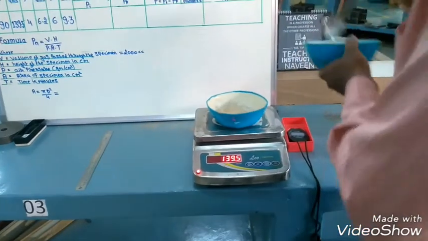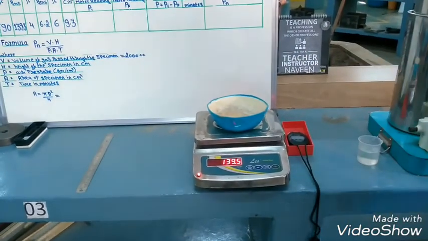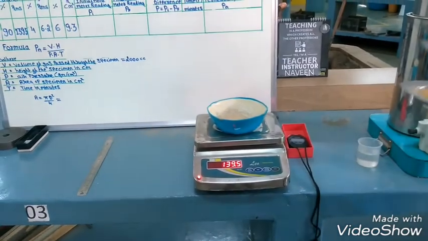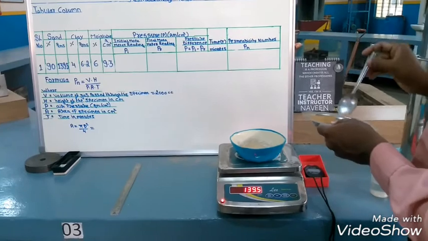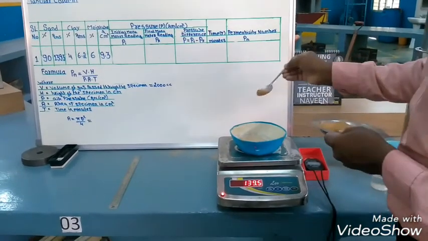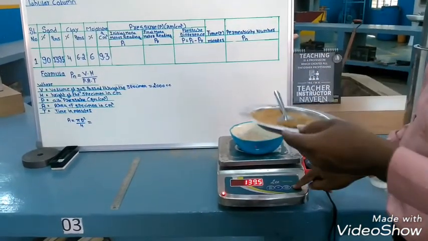Now we have taken the sand, 139.5. Next, add the clay. Clay is 4%. For 4%, the grams is 6.2. Add the 6.2 gram clay.